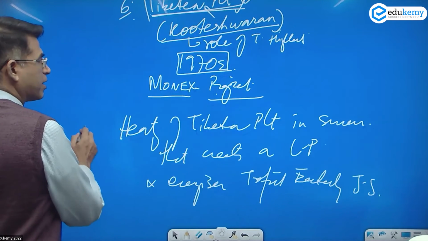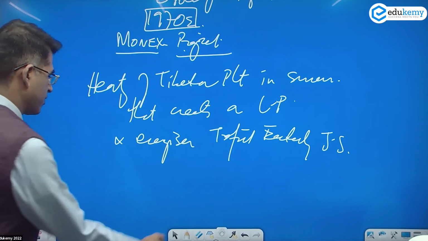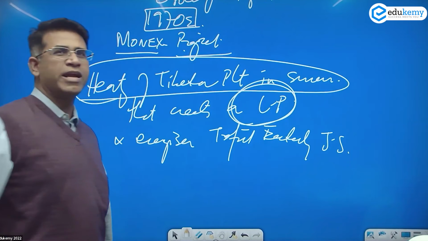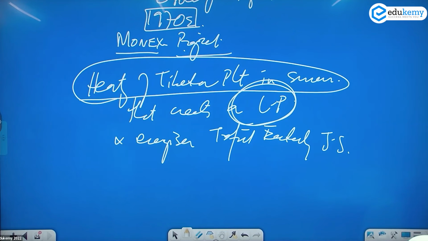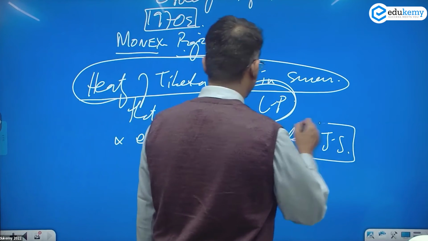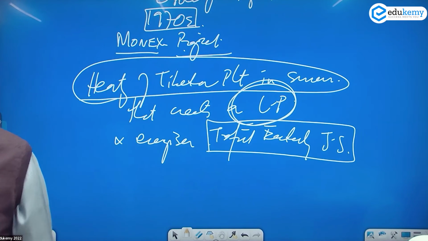The heating of the Tibetan plateau in the summers creates a low pressure. And that energizes the tropical easterly jet stream. इसके बिना monsoons will not be as powerful.